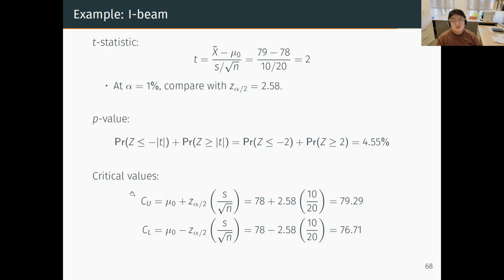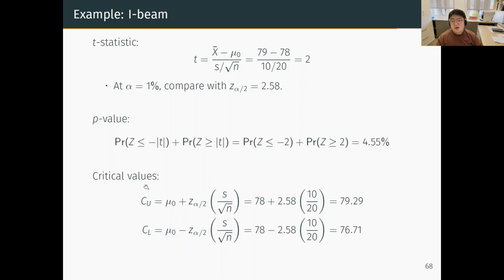When you calculate the critical values, now the difference is the center. The critical values must be centered around 78, the new hypothesis. Okay, so either way, in the t-statistic approach, your t-statistic is within plus minus 2.58. So it's in the acceptance region. You cannot reject. And the p-value is greater than 1%, the significance level, so you cannot reject.